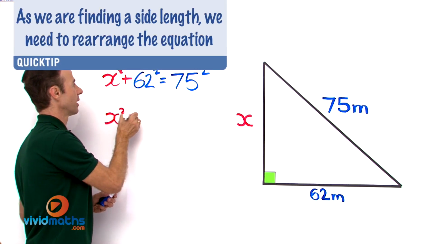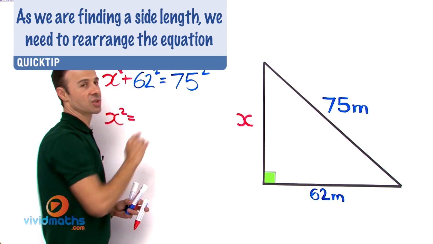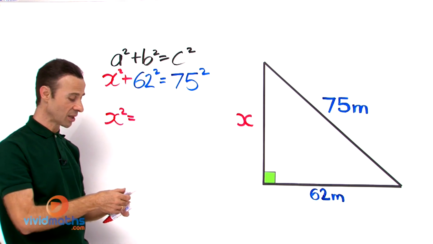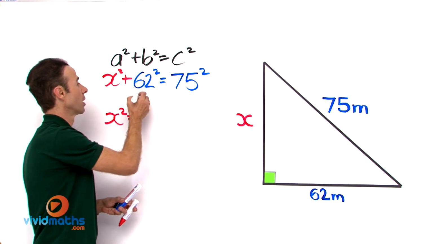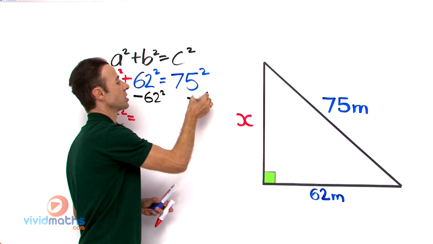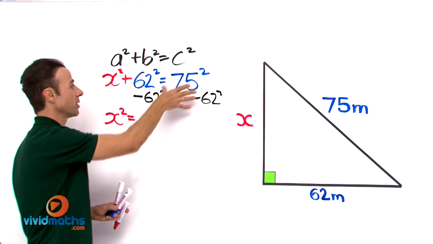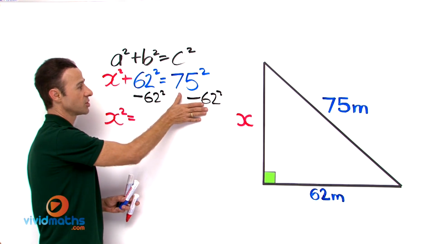x squared equals, and then we take away this and bring it over to that side. So then it becomes 75 squared minus 62 squared. So let's subtract 62 all squared from both sides. Then, quite simply, this drags down over here, and this cancels. So let's work with this side here.